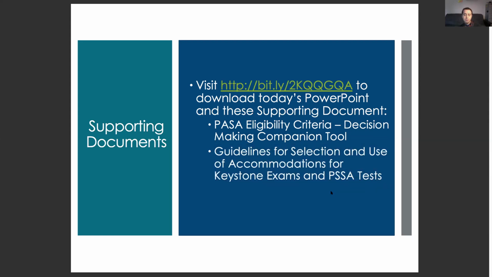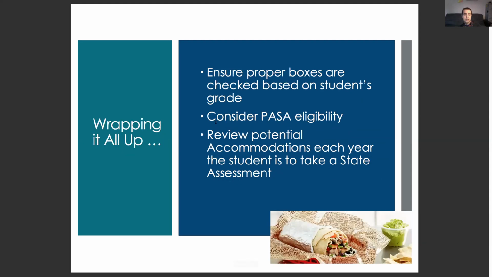Before I pause the presentation, we want to make sure you get that URL to download the information. I just want to make sure that we always ensure the proper boxes are checked based on that student's grade. We consider the PASA eligibility there. And we also review potential accommodations each year because those might change from year to year for the student who's going to take that assessment, okay?